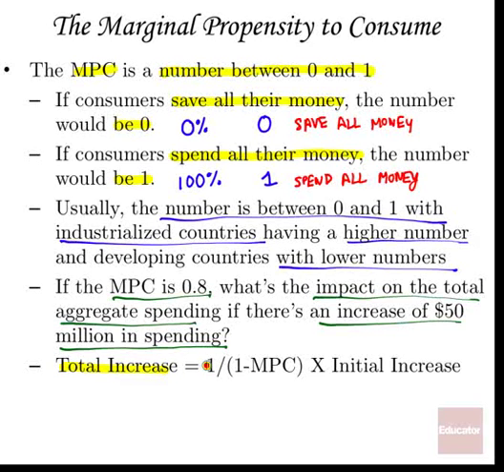The total increase is going to equal 1 over 1 minus MPC times the initial increase. So this is what's referred to as the multiplier. Okay, so here's the spending multiplier. Once you figure out the spending multiplier, then it should be fairly easy. So the initial increase is $50 million.